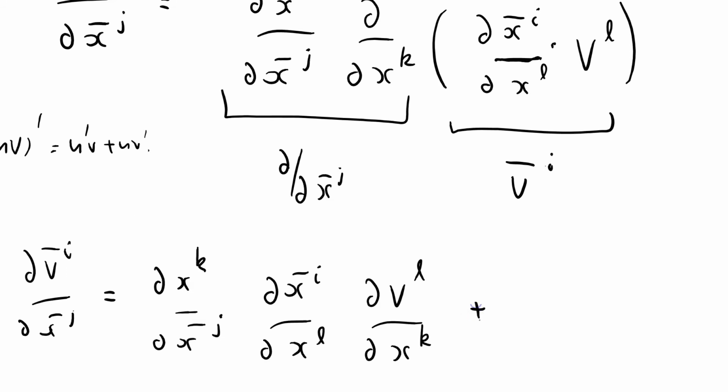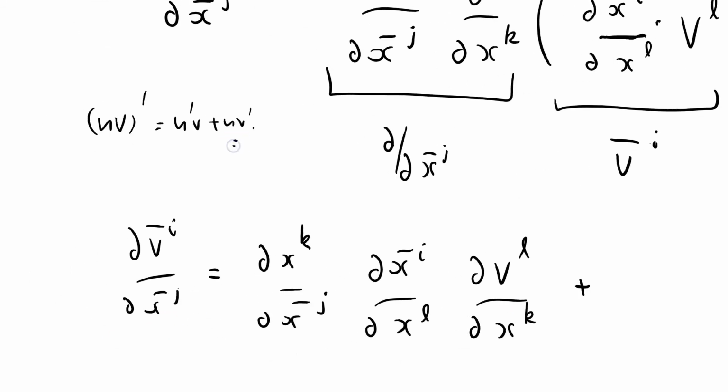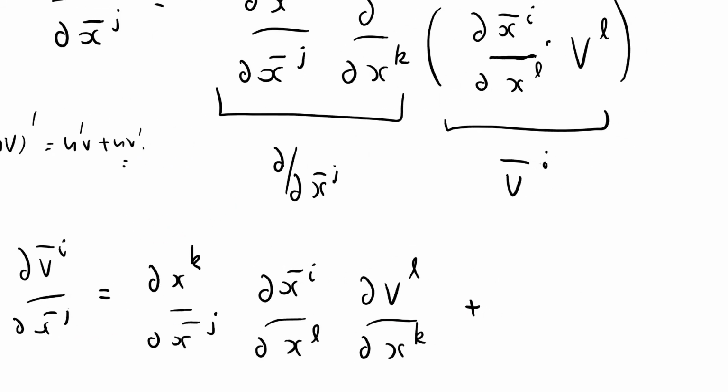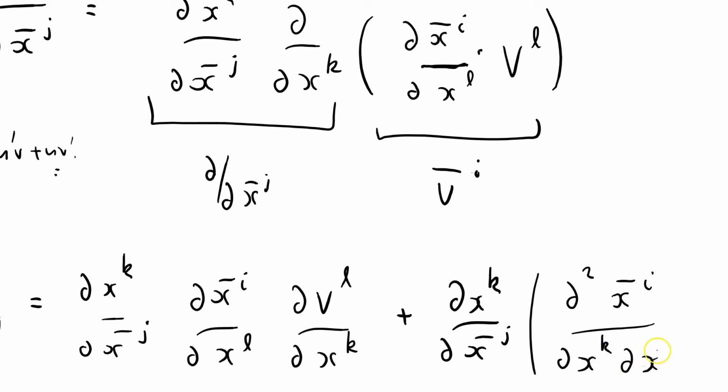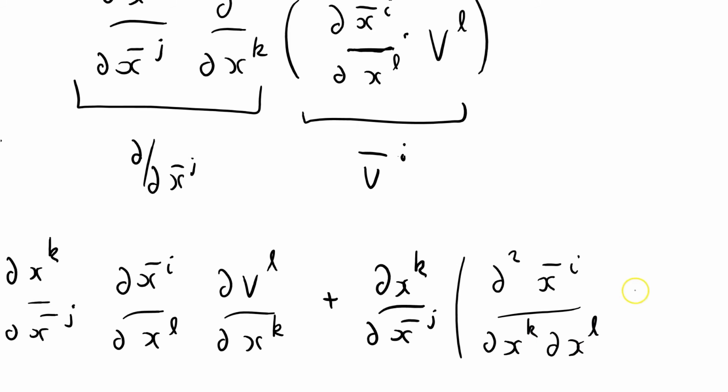Now, because the product rule here implies I've got to differentiate both terms, oh, and I've just written this kj business here, ∂x^k/∂x̄^j, times ∂²x̄^i/∂x^k∂x^L times v^L.